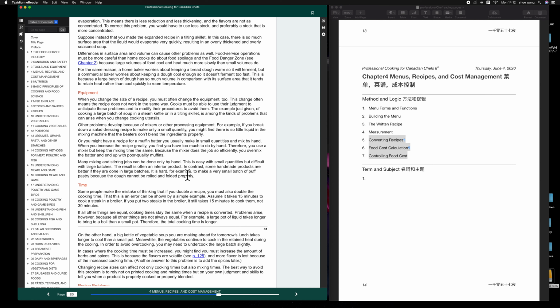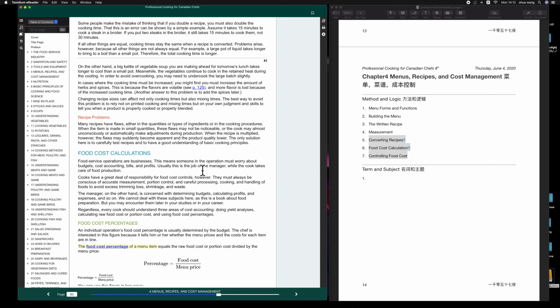This is easy with small quantities, but it's difficult with large batches. The result is often an inferior product. In contrast, some handmade products are better if they are done in large batches. It is hard, for example, to make a very small batch of puff pastry because the dough cannot be rolled and folded properly.